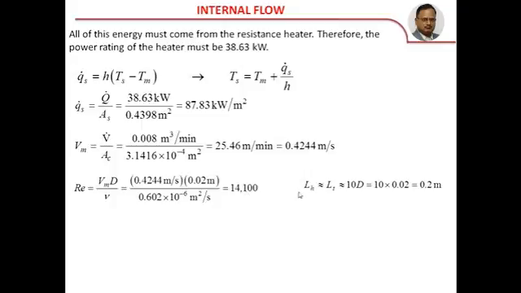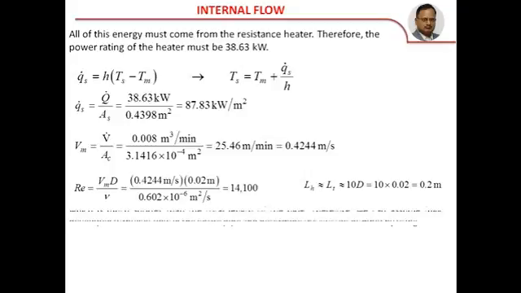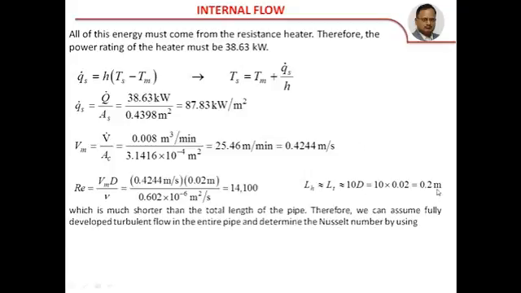So it is 87.83 kilowatt per meter square. And the average velocity Vm is the discharge divided by the cross sectional area, roughly 0.424 meters per second. Now, knowing this average velocity, you can determine the Reynolds number, 14,100. So the flow is turbulent.